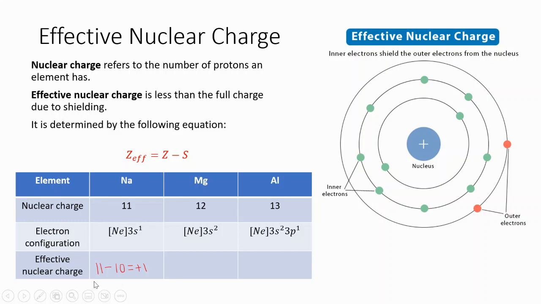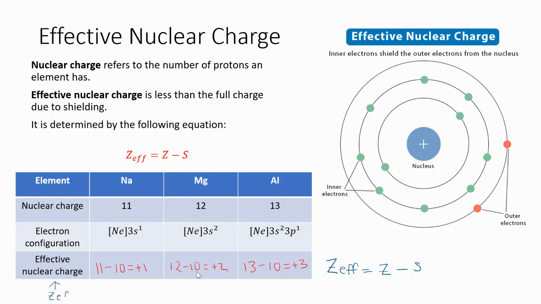So to find the effective nuclear charge, we're just going to do 11 minus 10, which will give us an effective nuclear charge of +1. This will work the same way for these other 2 examples working across the period. However, as we gain a proton, the effective nuclear charge will increase by 1, since the number of inner electrons is not changing.